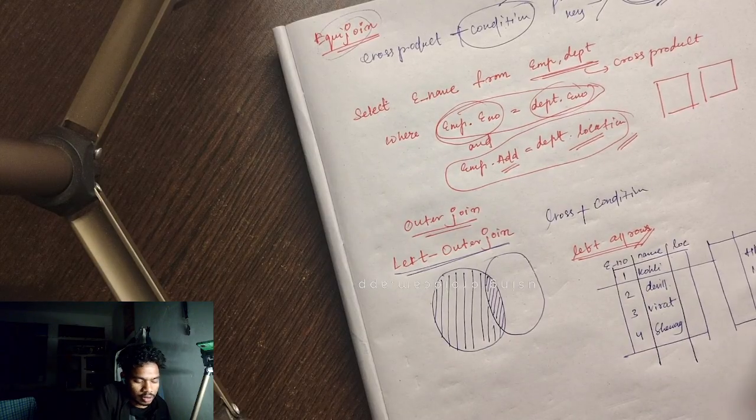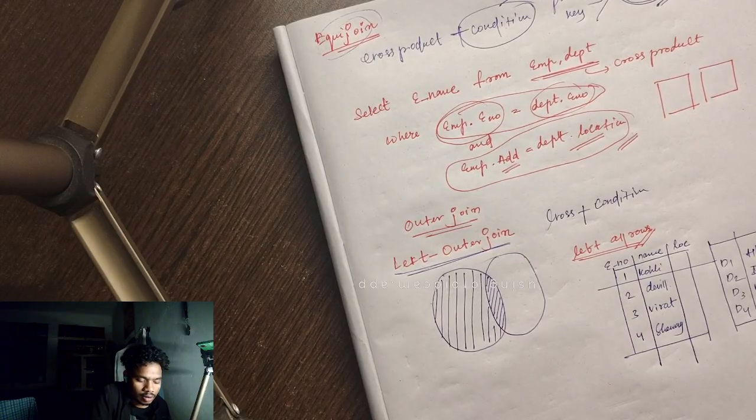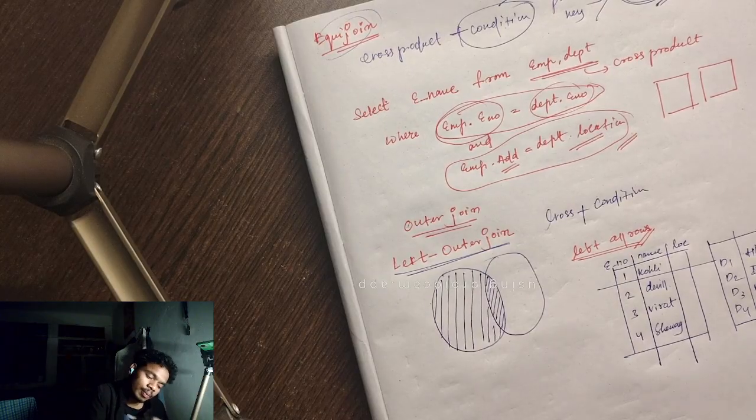Here HR team, IT team, marketing team, finance team, D1, D2, D3, D4, and 1, 3, 2, 4.